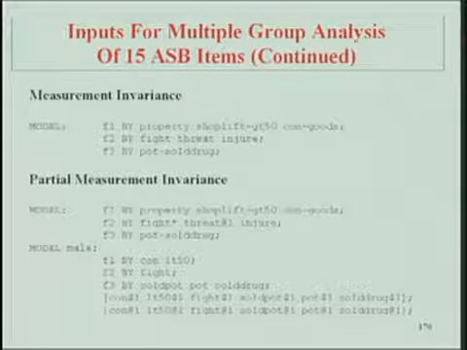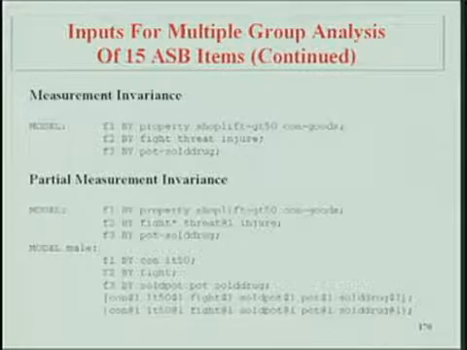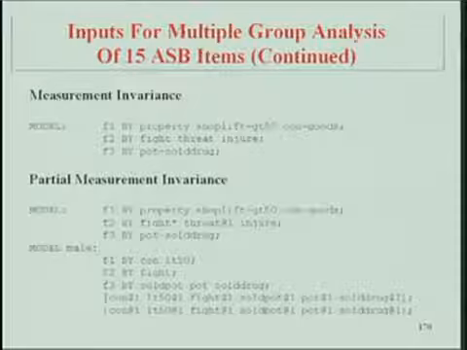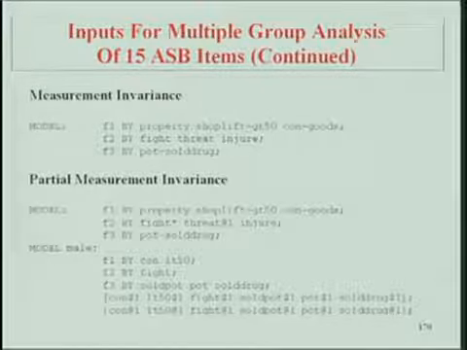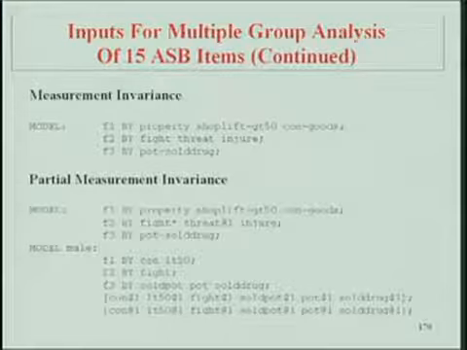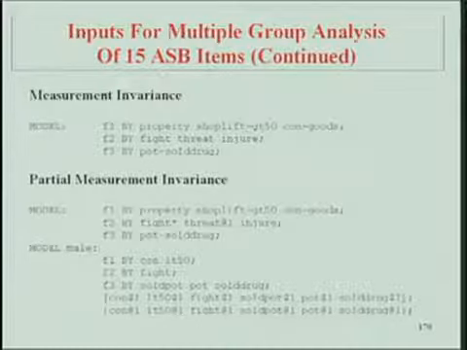For the items that are invariant across groups, these scale factors should be allowed to be free. But when you start saying that some items are measurement non-invariant, namely the items that are mentioned here in model male, then you have to go back and fix these scale factors at 1, or else you get a non-identified model. So that's complex and a long story.